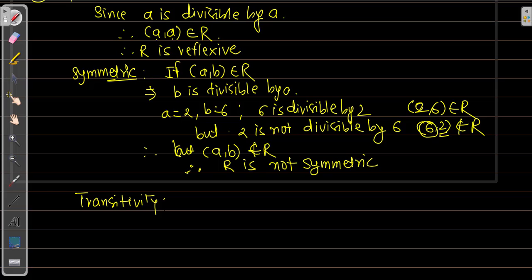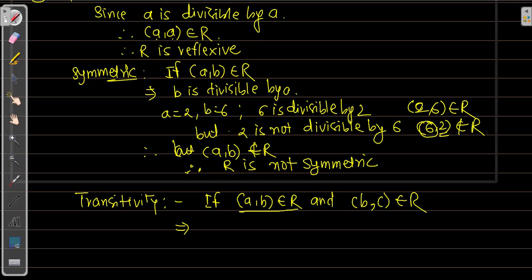How will you check transitivity? Suppose we take the ordered pair (A, B) belongs to R, and again the ordered pair (B, C) belongs to R. Suppose these two ordered pairs are here. By this relation, what does it mean?